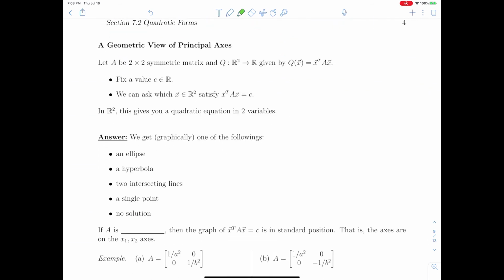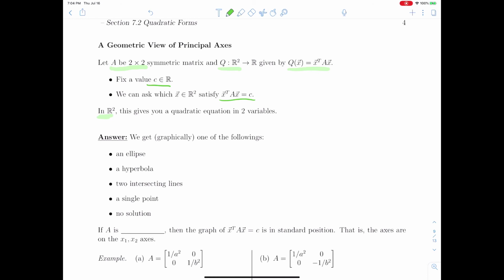So let's say A is a 2 by 2 symmetric matrix, and Q is the quadratic form defined by x transpose times A times x. Then for a fixed value C, we want to see the geometry or the graph defined by this equation. If we restrict ourselves to R2, this gives a quadratic form in two variables, and we already know the answer.